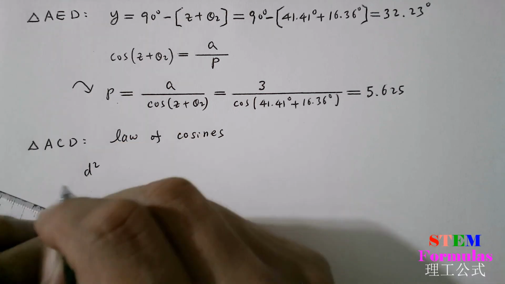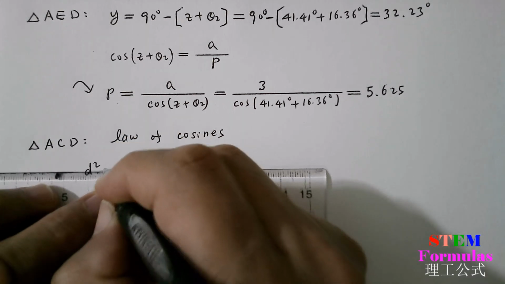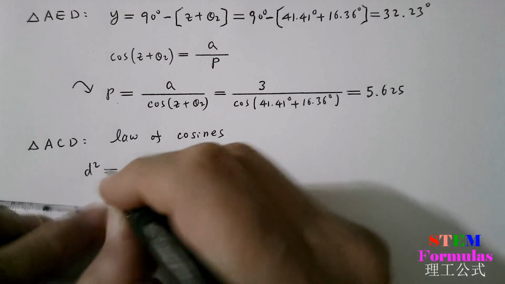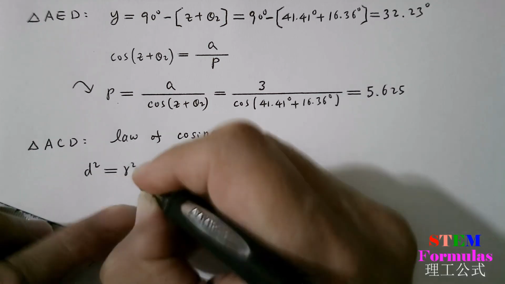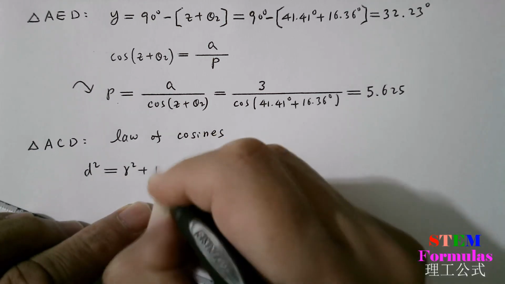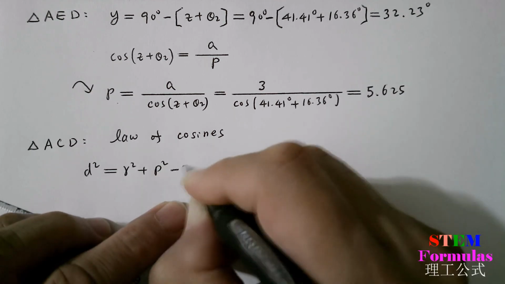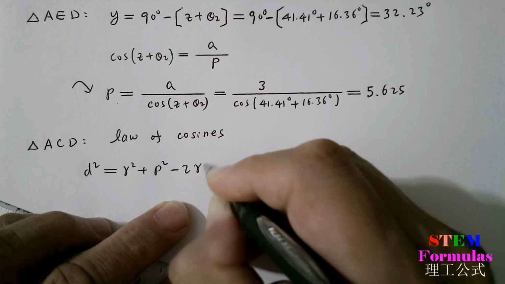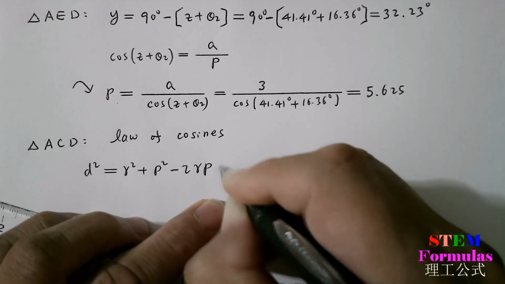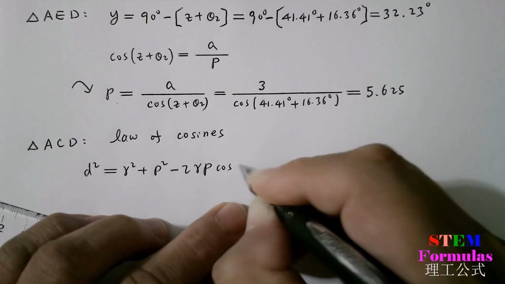D square equal R square plus P square minus 2RP cosine theta 2.